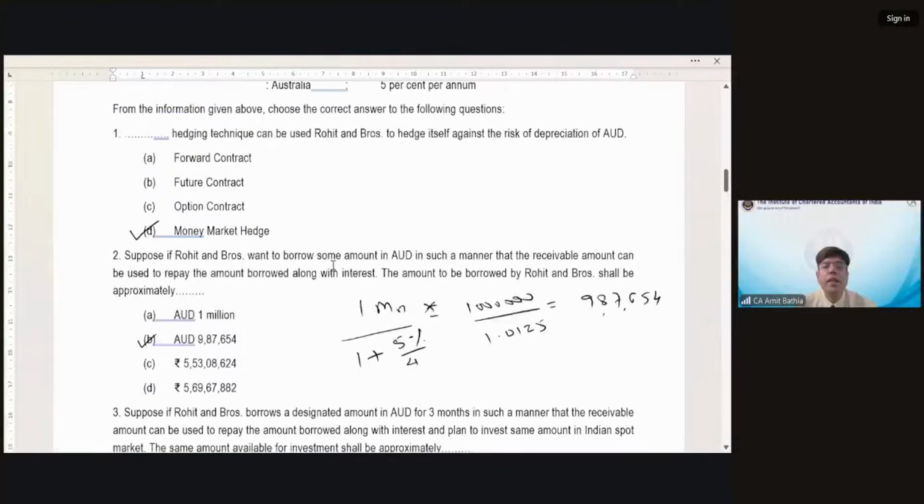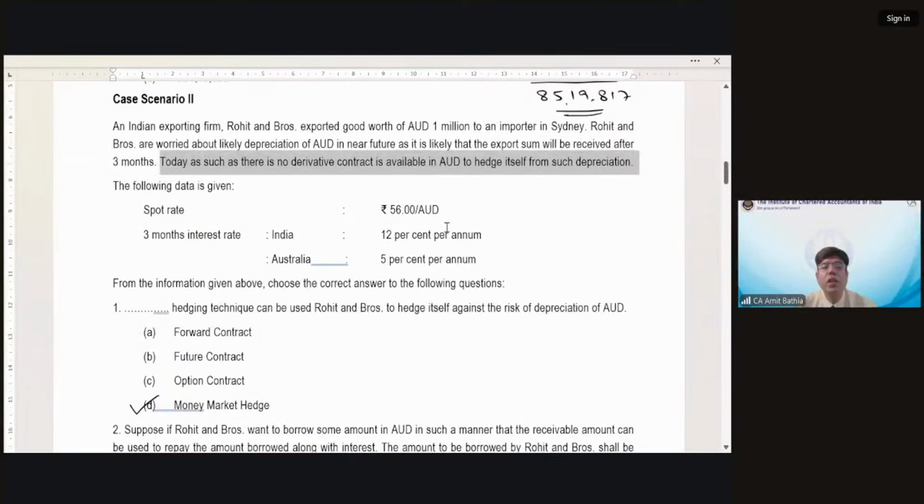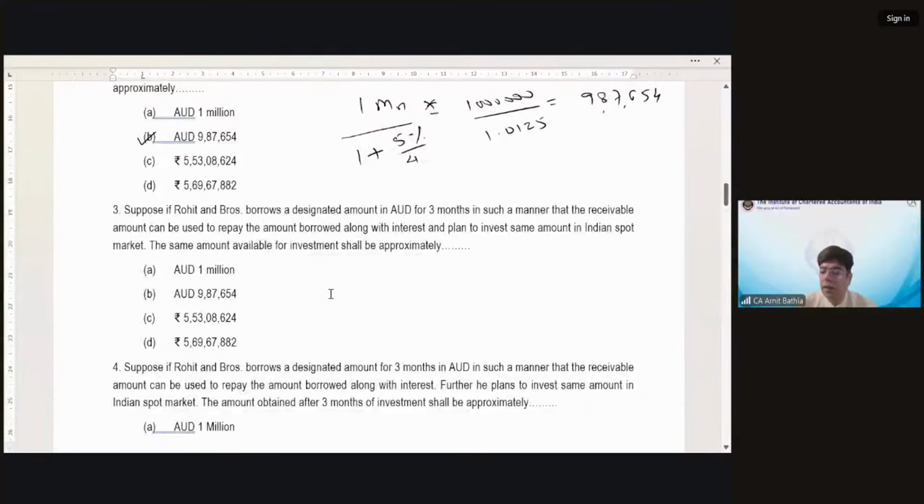So you know for a fact that today spot rate is 56. So if I take this 987,654 into 56, this is what will be received by me, right? So that will essentially come to how much? 55,308,624.